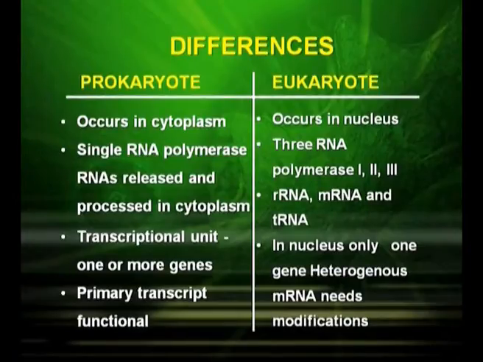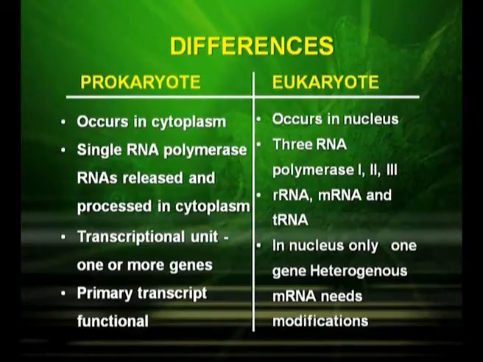Now, let us see the differences between prokaryotic transcription and eukaryotic transcription. In prokaryotes, the transcription occurs in the cytoplasm. On the other hand, in eukaryotes, it occurs in the nucleus. In prokaryotes, there is only one RNA polymerase. On the other hand, in eukaryotes, there are 3 RNA polymerases: 1, 2 and 3.